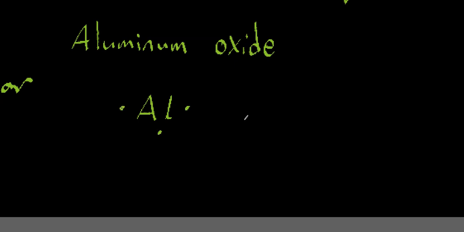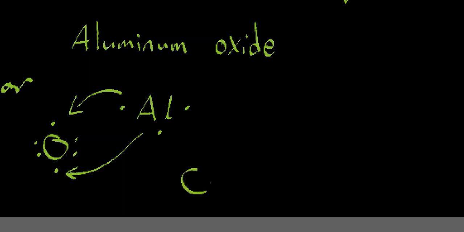Let's draw an oxygen, and that has 6 valence electrons. Aluminum is ready to give away its electrons. So, aluminum gives away 2.